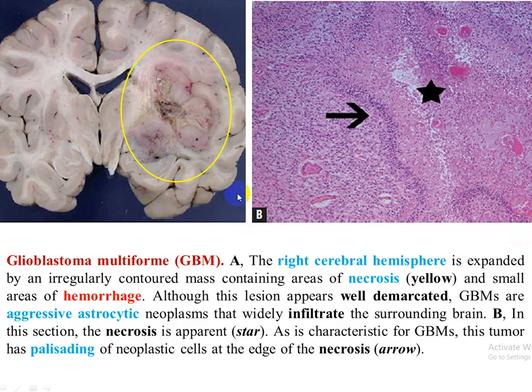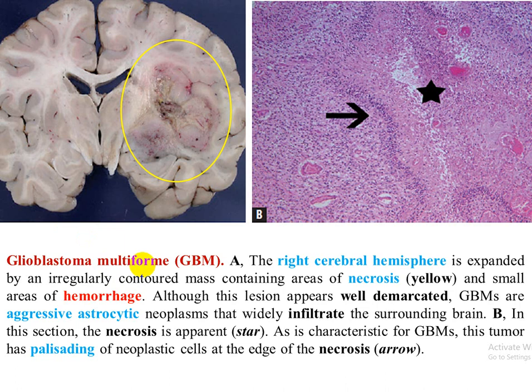Another typical example of brain tumor is glioblastoma multiforme. Glioblastoma multiforme is a highly malignant type of astrocytoma, because astrocytoma is classified into several types.